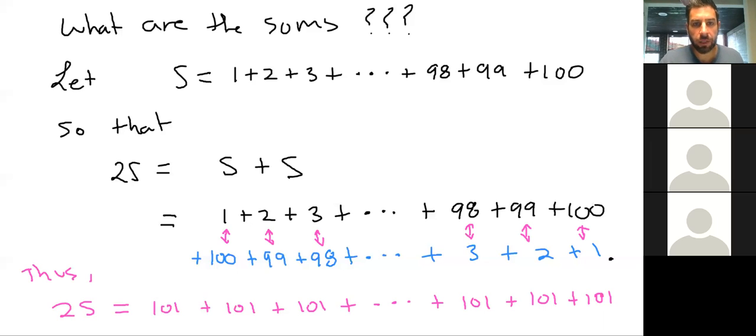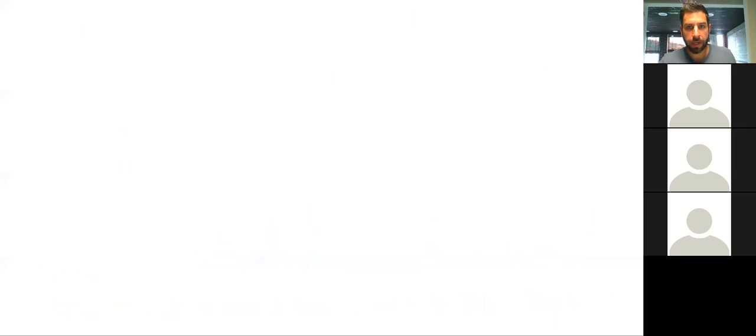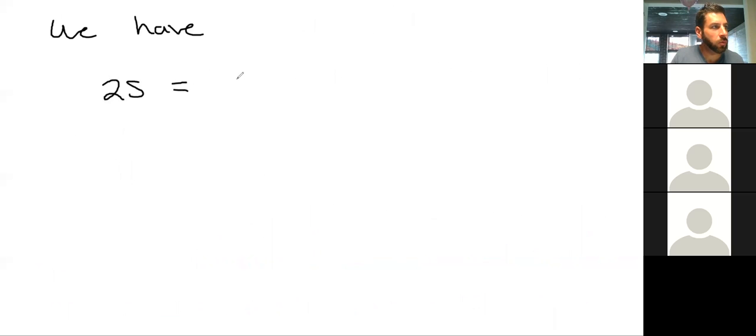Does anybody have a comment or a question? Okay, so let's go to the next page and let's write down what we have. So here's what we conclude. We have 2 times s is equal to 101 plus 101 plus 101.